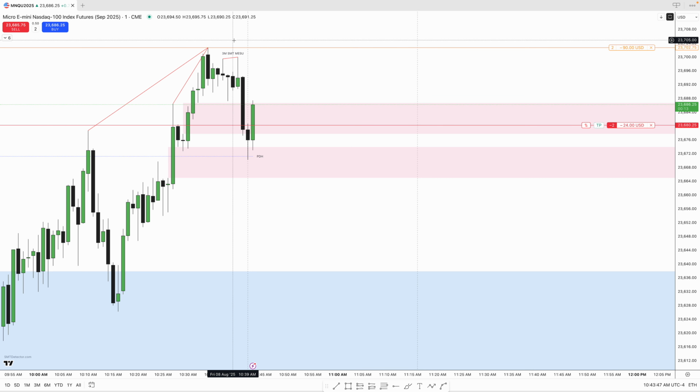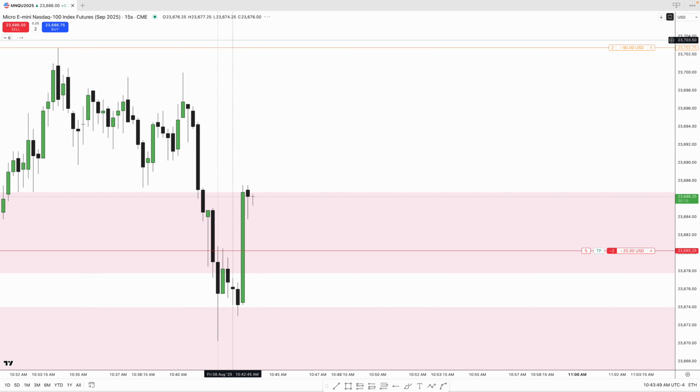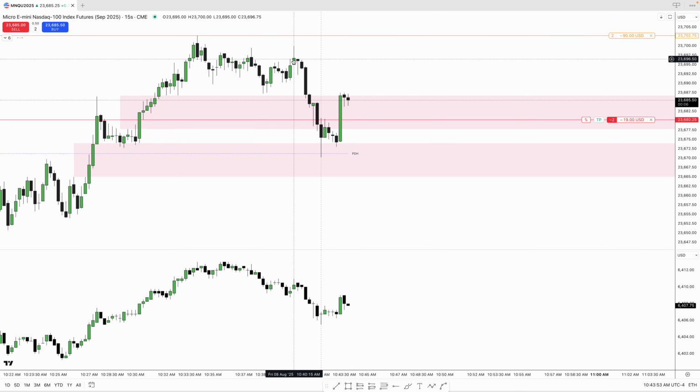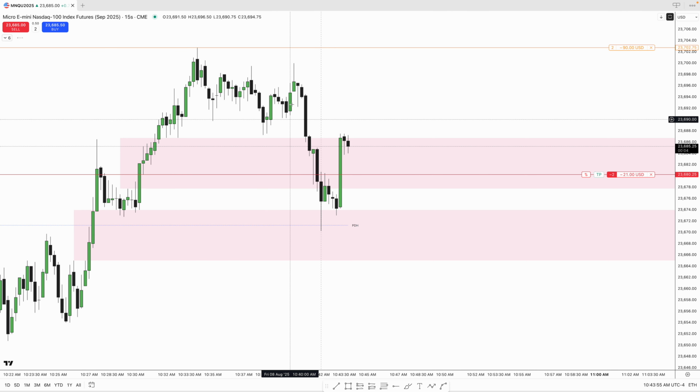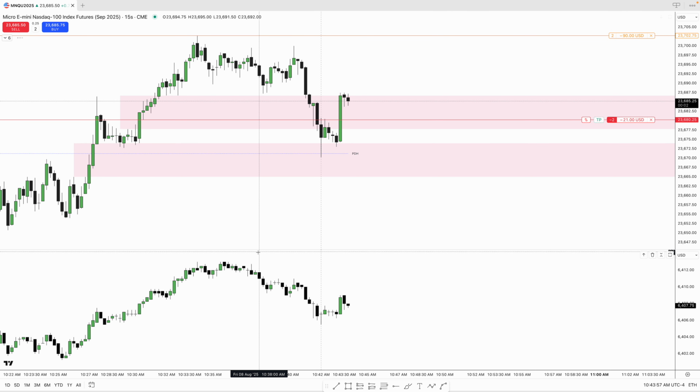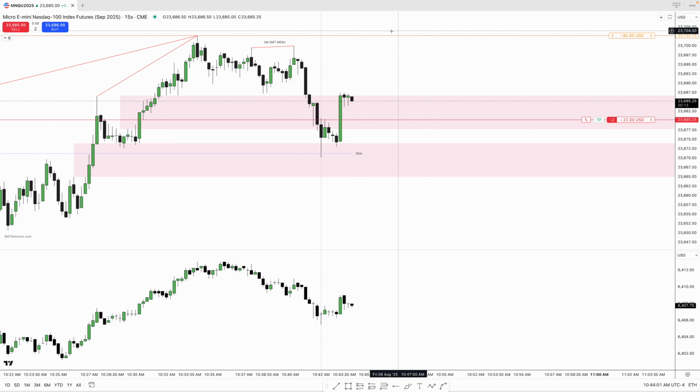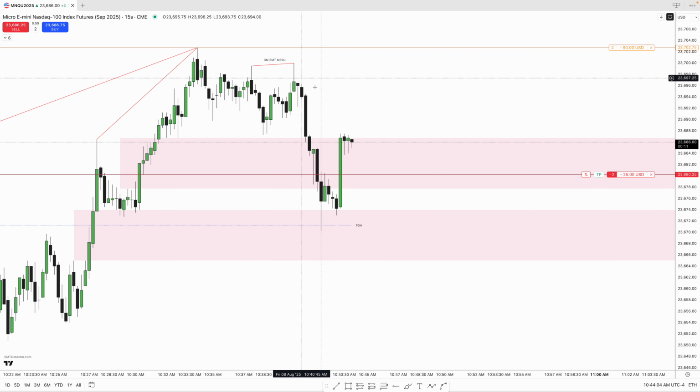But these highs here are important because if you look, it's SMT with ES. We've displaced on both. So potential for a short.